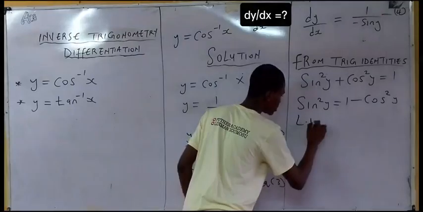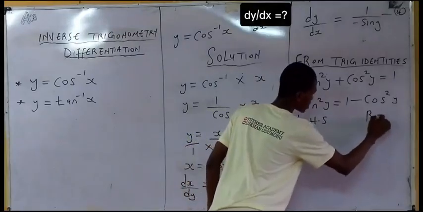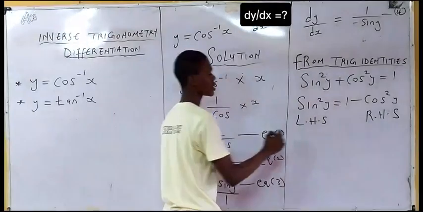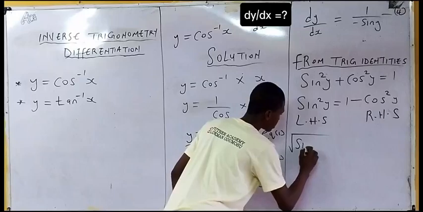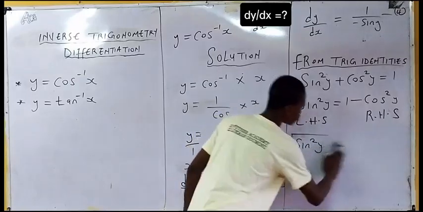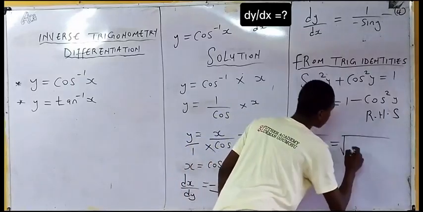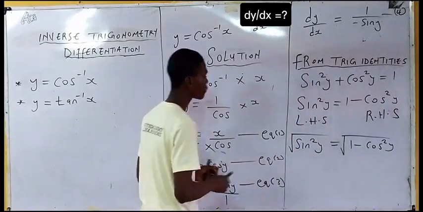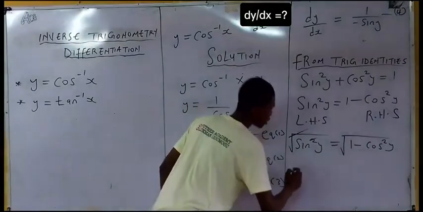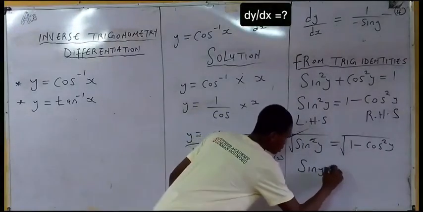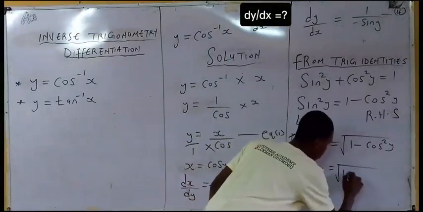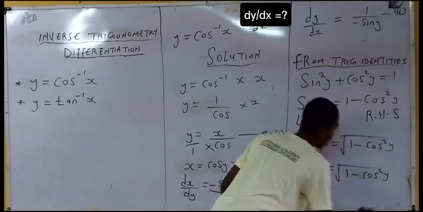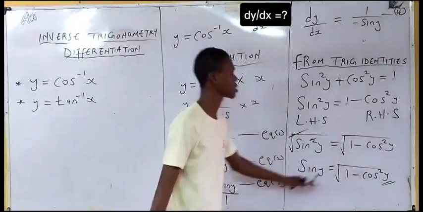Square root of sine square y equals square root of 1 minus cos square y. Then the square root cancels the square. You are left with sine y equal to the square root of 1 minus cos square y.